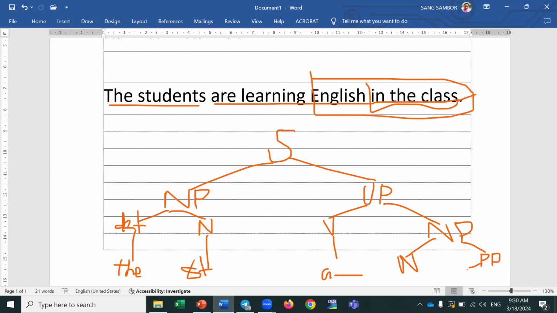So the prepositional phrase is a combination of preposition, P, and the whole thing here is noun phrase. You have preposition, you have a determiner and noun, class. Doing these kinds of syntactic structure or syntactic analysis helps us to understand the important elements forming a good sentence in English. Okay, so let's just now go back to our point.